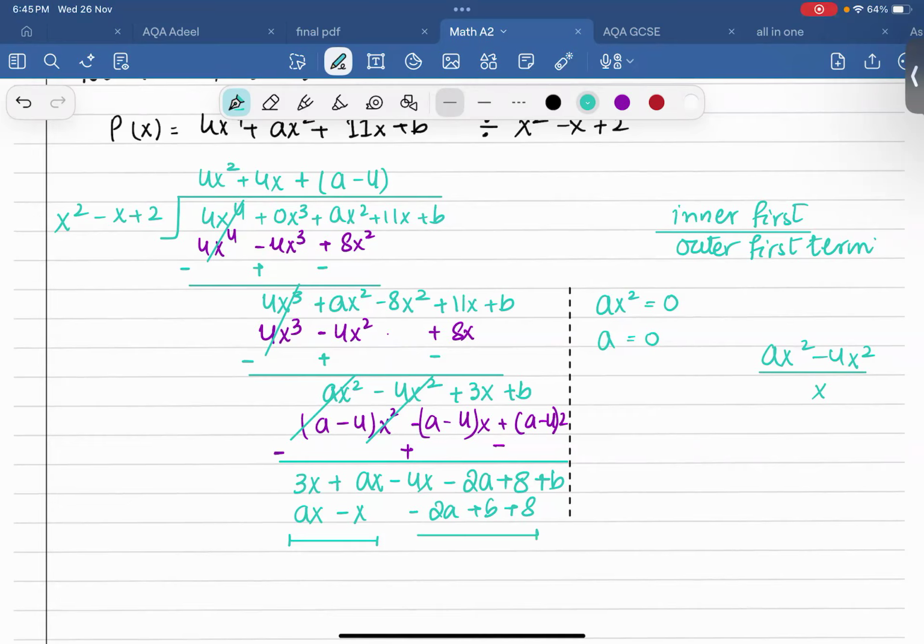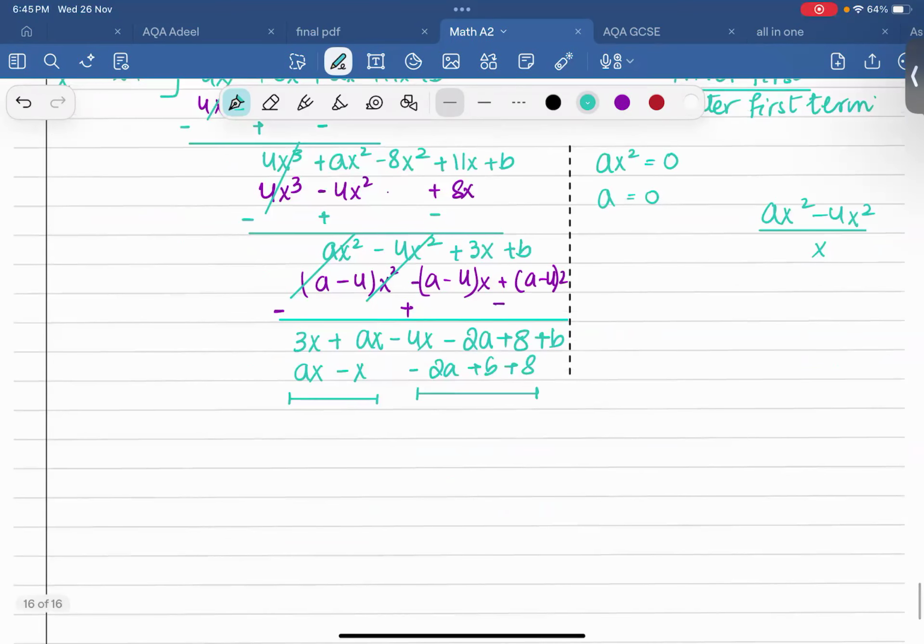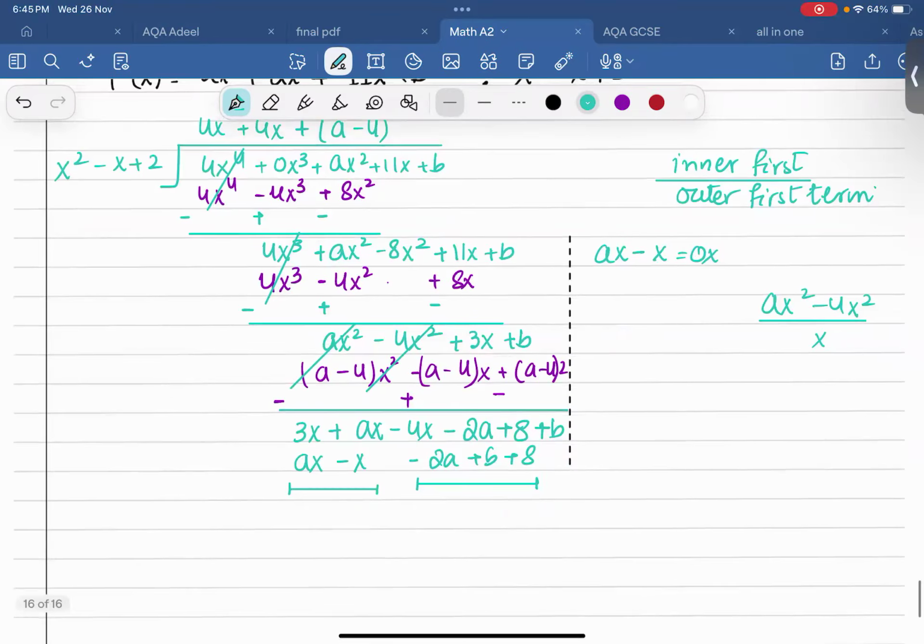And we know that since there is no remainder, the value of the remainder is 0, so you have to equate everything to 0, right? And then you can solve. So ax minus x is equal to 0x, so x goes off and you'll be left with a is equal to just 1, right?